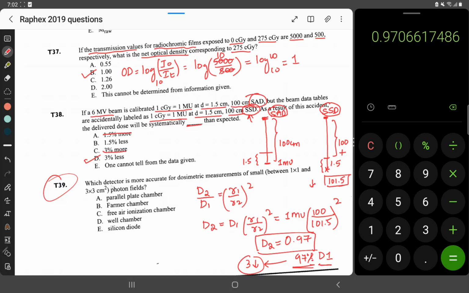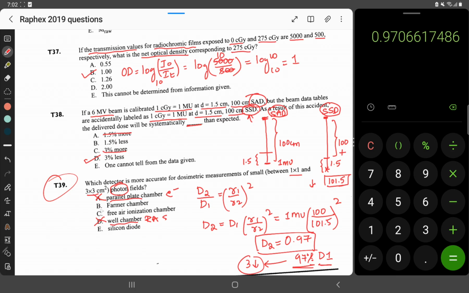Now the 39th question is: which detector is more accurate for dosimetric measurements of small, that is 1 by 1 and 3 by 3, photon fields? As you know, the parallel plate is for electrons, and the well chamber is for radioactive sources. So these two are ruled out.